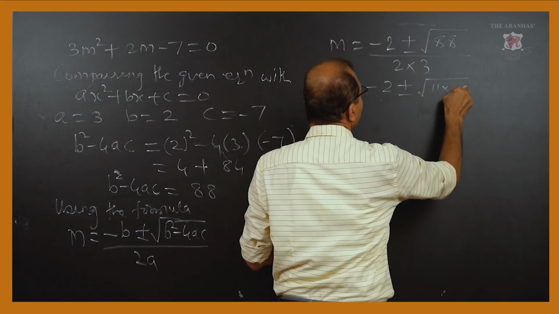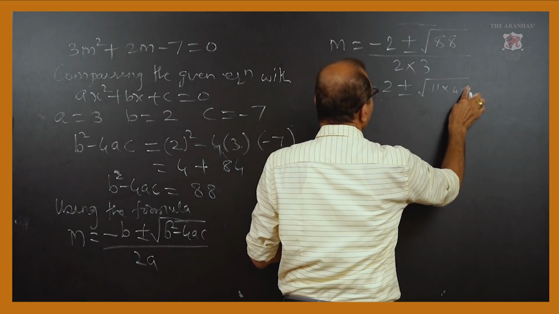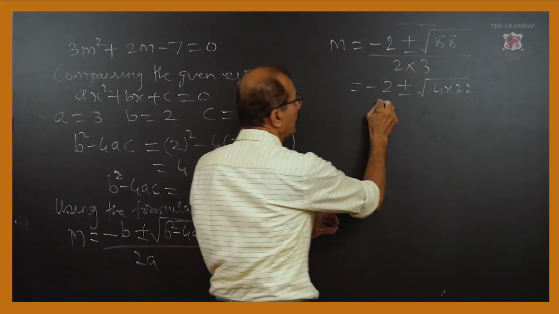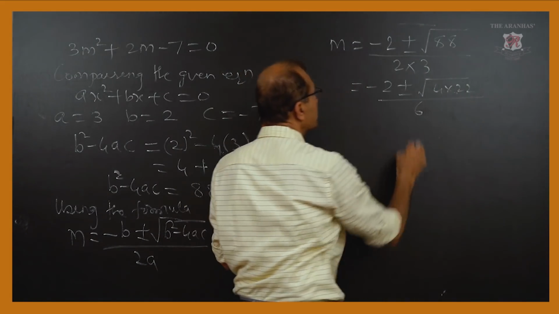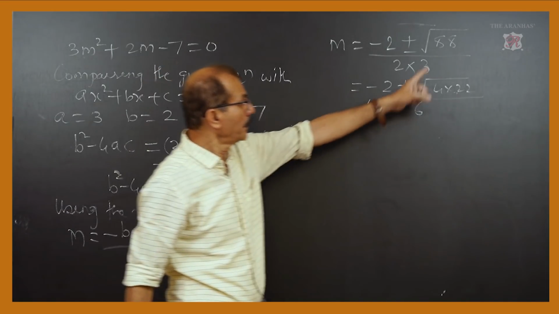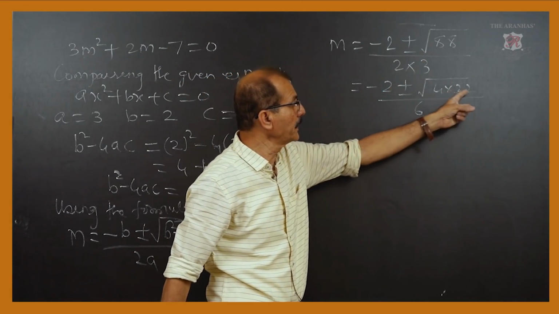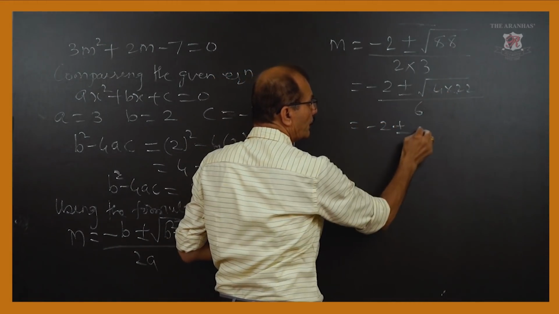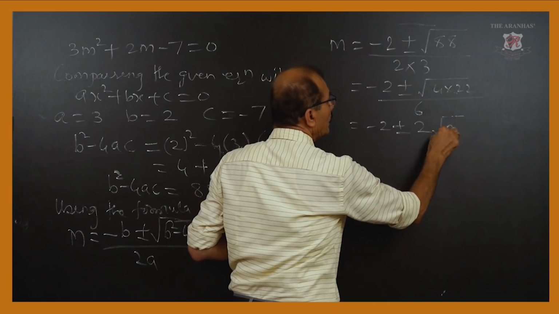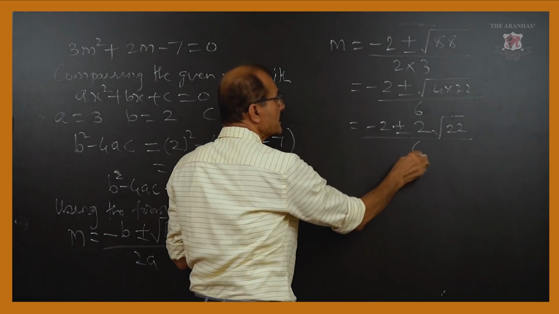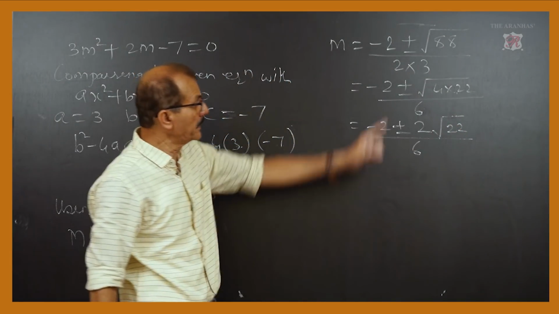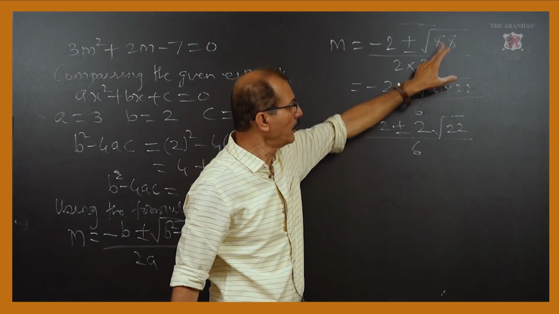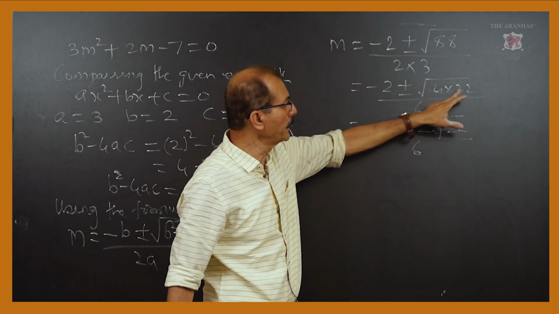Now, 88 can be written as 4 into 22. So, this is equal to minus 2 plus minus root of 4 is 2, 22 upon 6. I repeat, here 88 you can make into a simpler form. So, 88 can be 4 into 22.